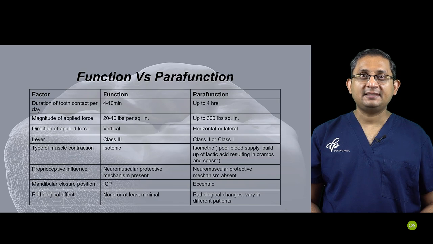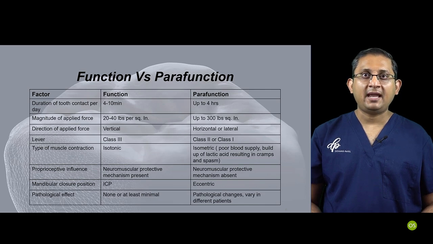That's why you would see that some have severe wear but no pain in the TMJ or during function, because their adaptability is quite high. Or there are some patients with minimal wear, but they have TMJ pain and muscular pain and everything. So the patient's adaptability is very, very important.